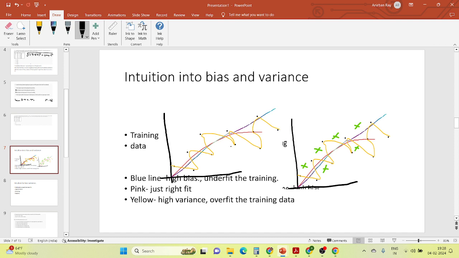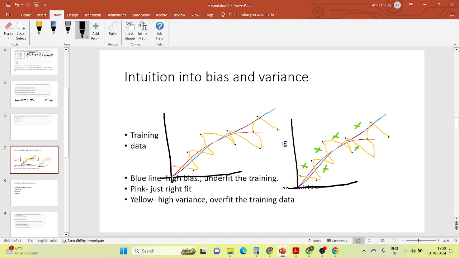But if you focus on the blue one here, it is a very simple curve, a straight line only. As I said, the pink one is the better one, but a straight line is a simpler one, just a makeshift kind of fit.